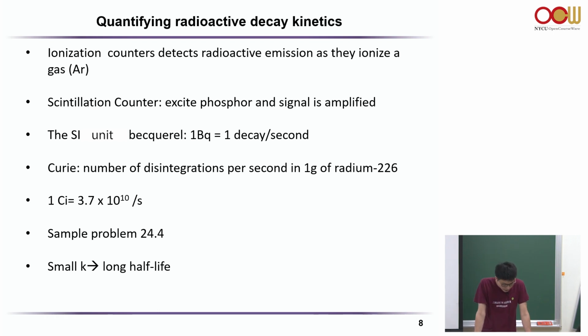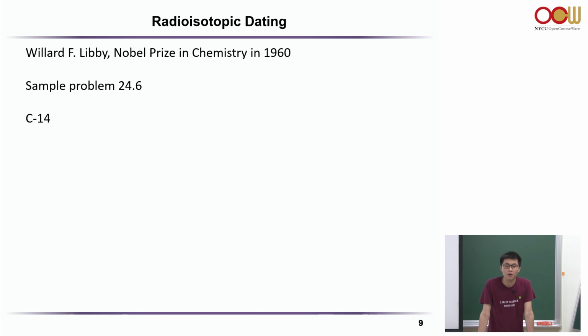Then if you look at 24.6, someone, this Nobel Prize winner, Professor Libby, was able to quantify how much carbon-14 would be present at each time, right? So we can measure the radioactivity of carbon-14 in your sample to figure out how long this object has existed.